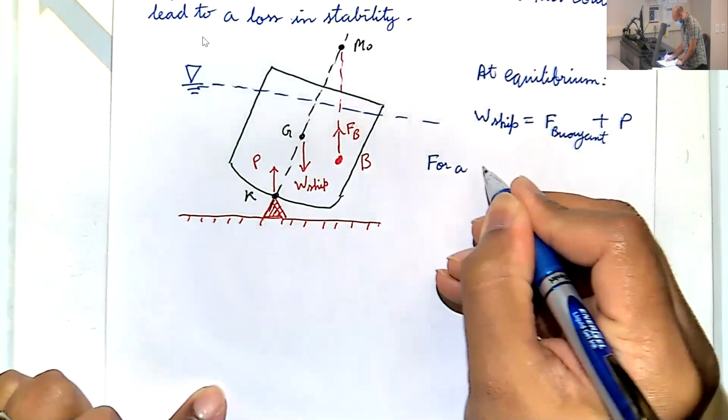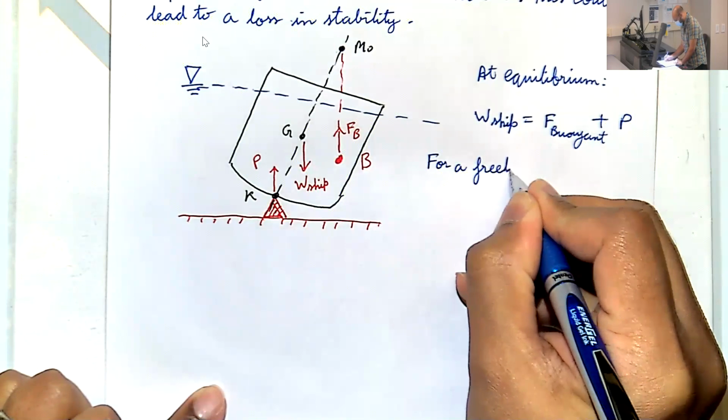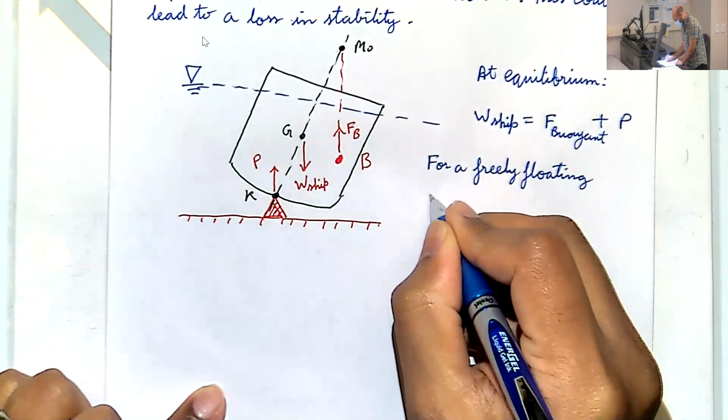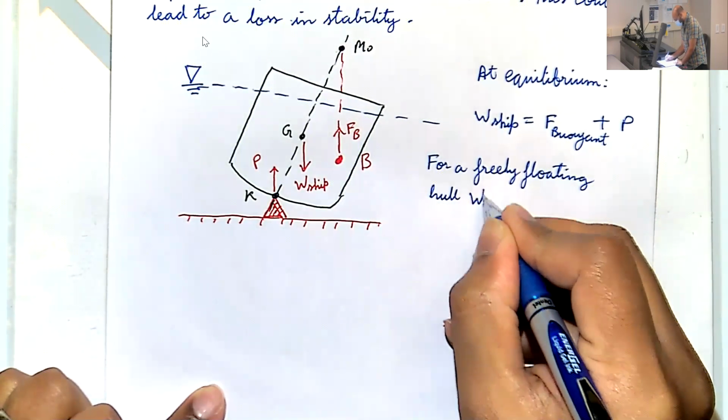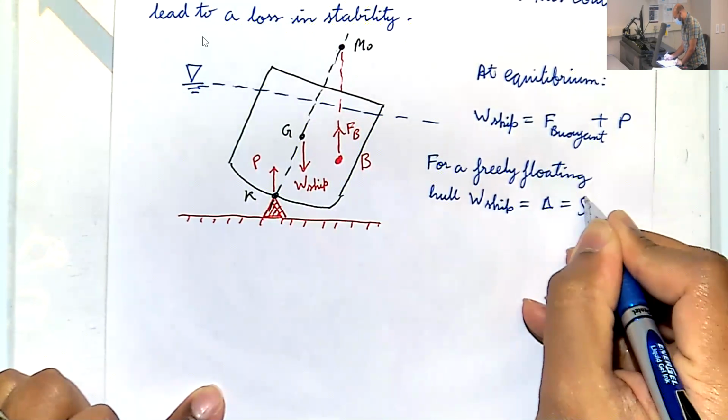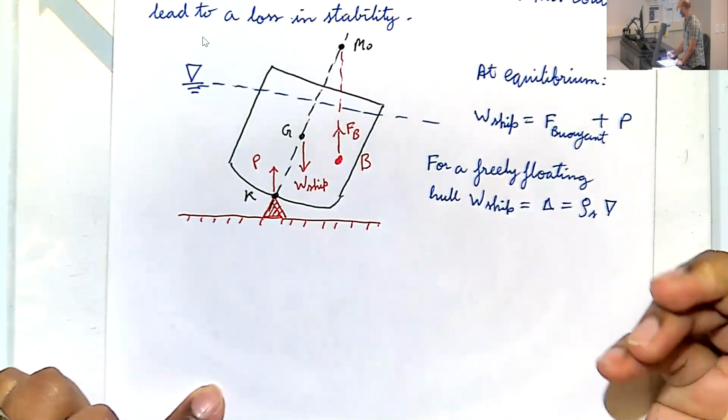For a freely floating hull, W ship we know is equal to delta, which is equal to rho seawater times nabla.